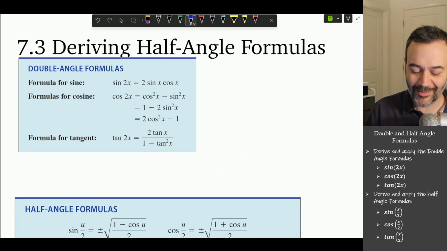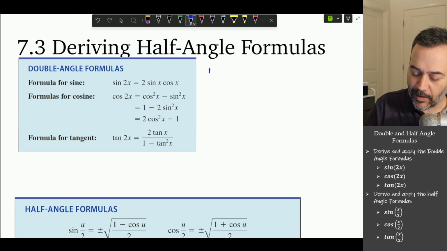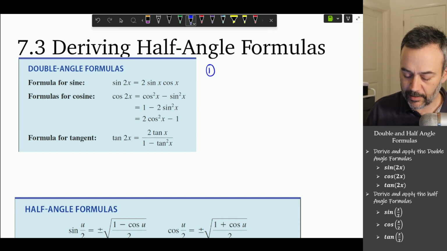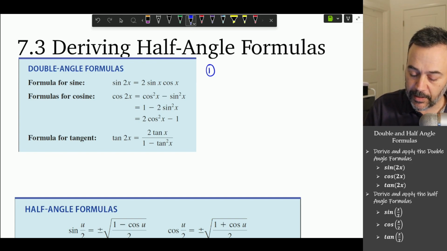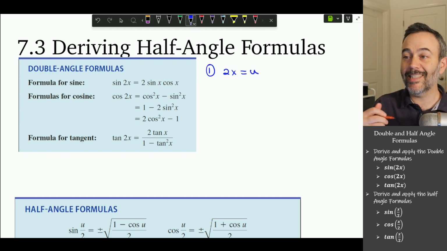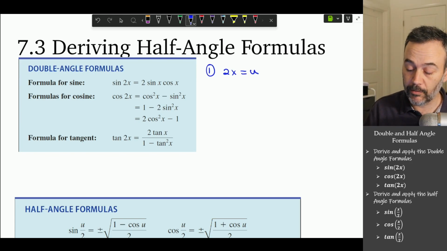Here's our tricky little substitution. Step 1, you substitute. Notice there's a u down below and an x up here. That's because we're going to do a substitution. We're going to let 2x be u, so we replace it by relabeling it as u.